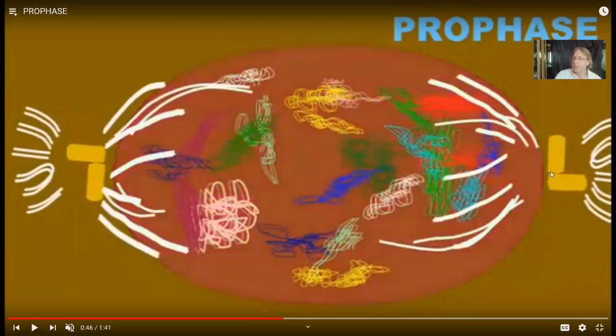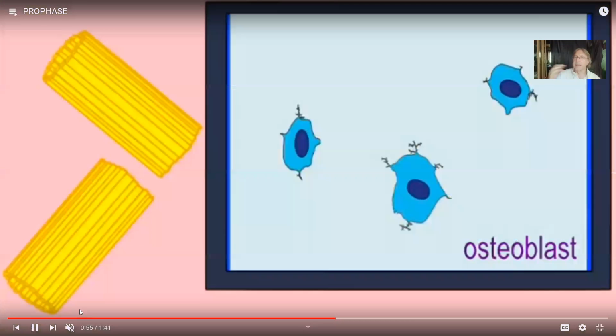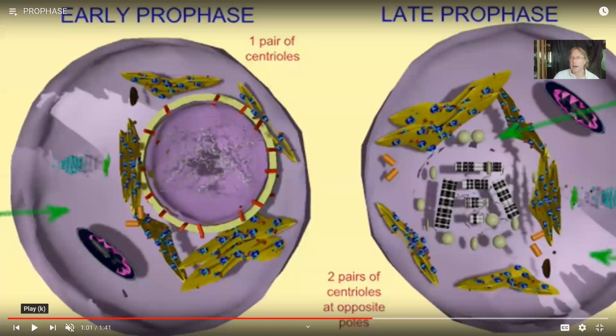We don't need a nuclear membrane because we're going to have these microtubules of the spindle, and notice that they are organizing around the centrioles. They are going to attach to chromosomes, and then chromosomes can move along microtubules. Once again, there are proteins which can attach to a chromosome and to the microtubules and move along them.